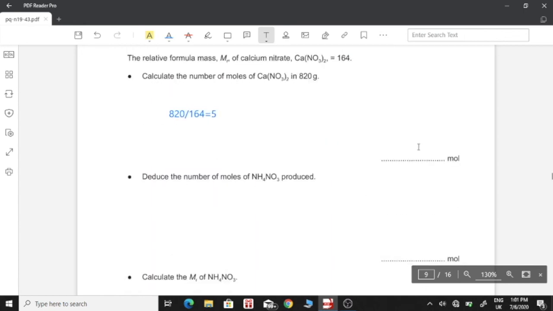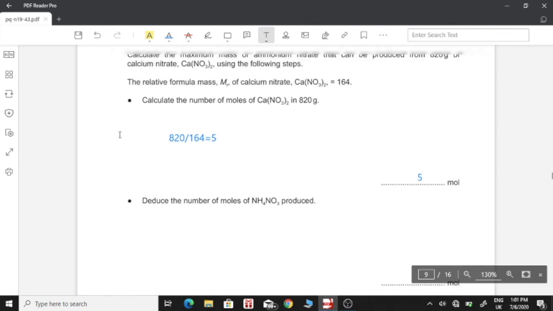So we'll be writing 5 over here, and then we have: deduce the number of moles of ammonium nitrate produced. Whenever you find the term deduce, we always have to use the equation for this.